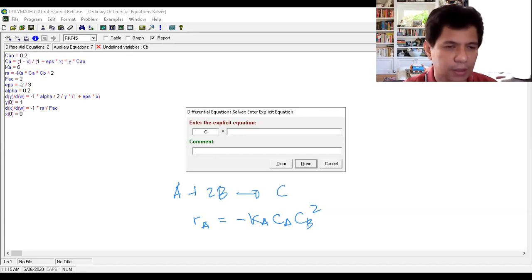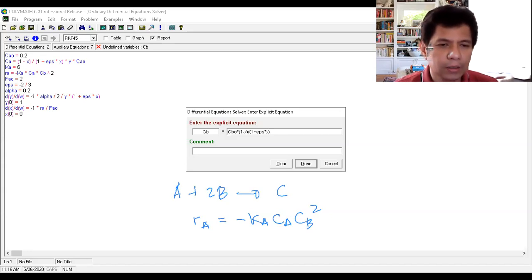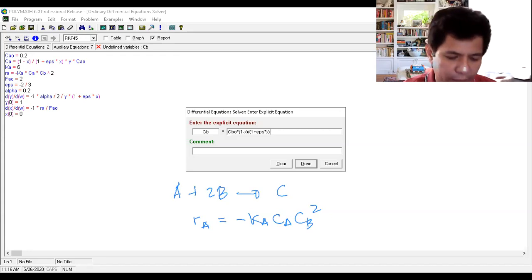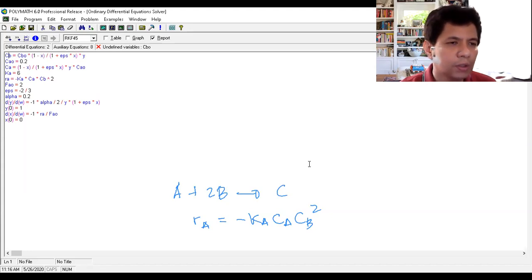Capital CB is the same, it would be capital CBO times parentheses 1 minus X, divided by parentheses 1 plus epsilon times X. And then don't forget the Y. If you're going to use this equation, you need to define the value of CBO.